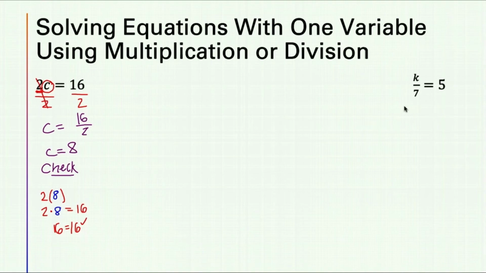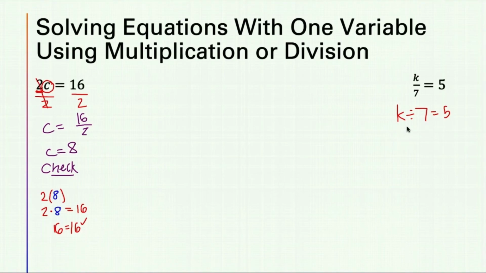If you don't get this format, it's the same as k divided by 7 is equal to 5, but we're not going to see this division symbol very often anymore, because in algebra we tend to use the fraction symbol because it's easier, it's more compact, and it may be less confusing. So you need to get used to it.